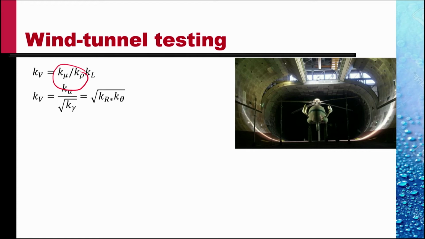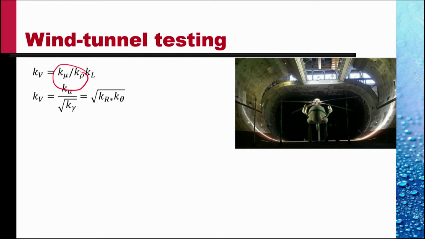So as you pressurize the gas, K rho increases and the kinematic viscosity decreases. So K mu by K rho becomes much larger than 1. And so that permits us to obtain a KL which is smaller.